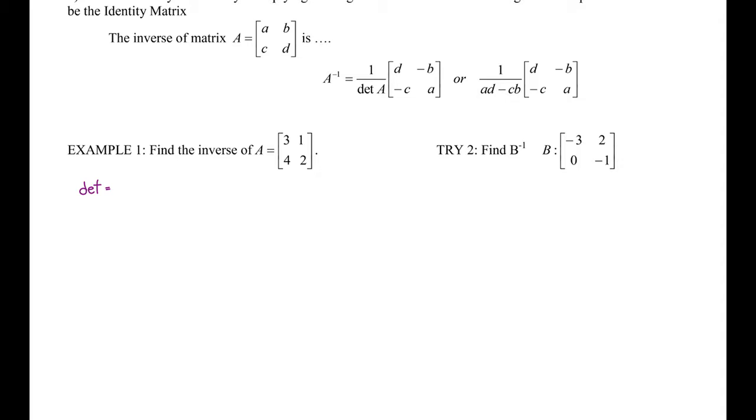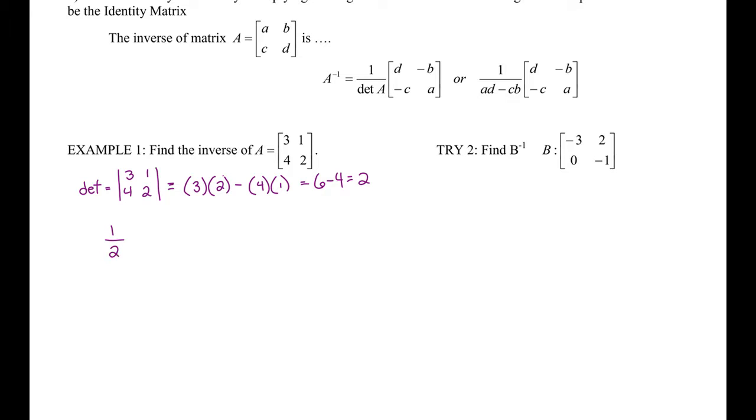So the determinant of 3, 1, 4, 2 is equal to our diagonals down, which is 3 times 2, minus the diagonals going up, which is 4 times 1. So I get 6 minus 4, or 2. So our determinant is 2, so I'm going to put that under 1.